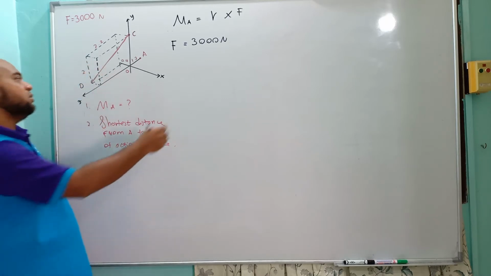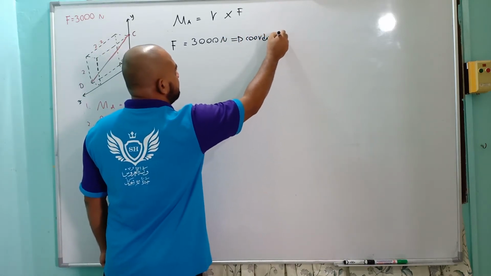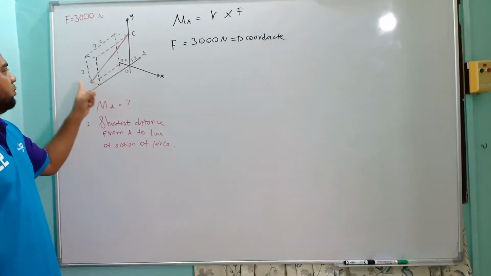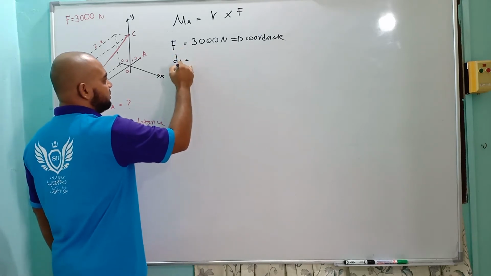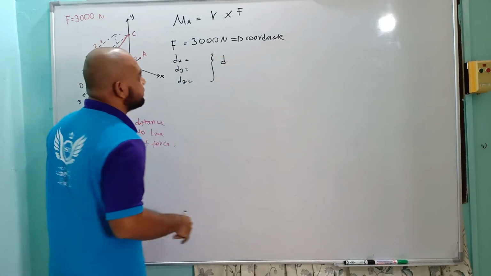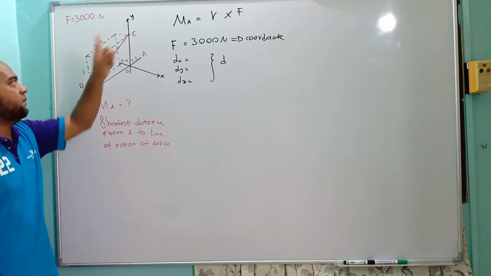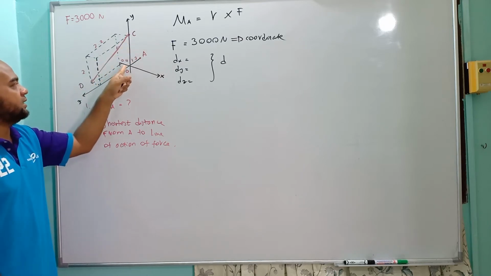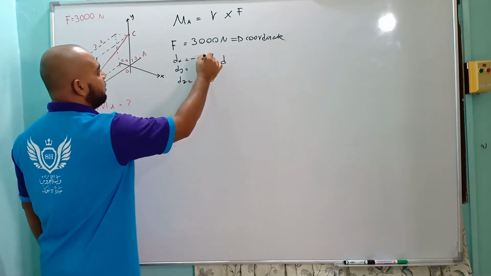In this case, we can use the coordinate method because we can know the coordinates of the components. So we should have dx, dy, dz, and later the d. Moving F from C to D, it moves in the negative x direction, so negative 0.4.